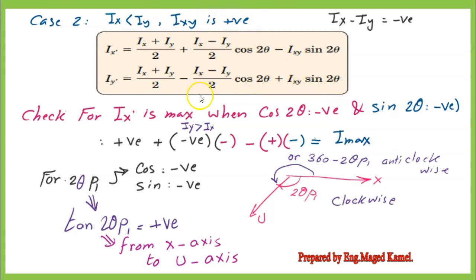When will Ix dash be maximum? It will be maximum if cosine 2 theta b1 is negative and sine 2 theta b1 is also negative, since we have positive plus positive multiplied by negative minus positive multiplied by negative.